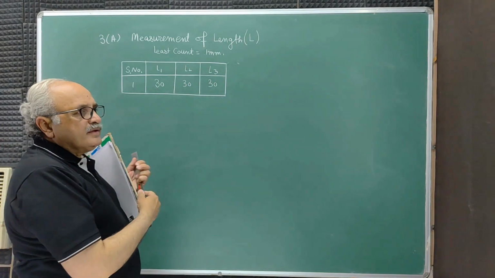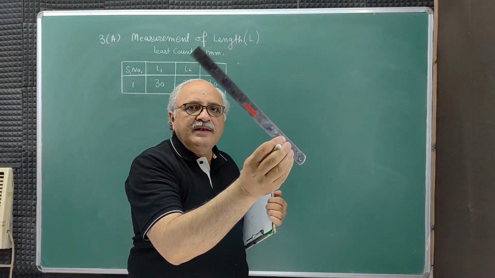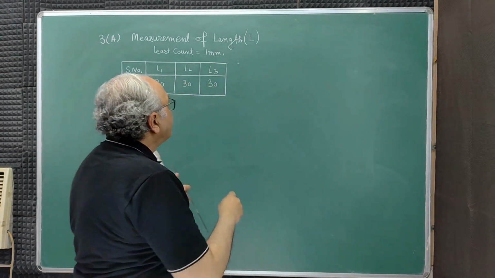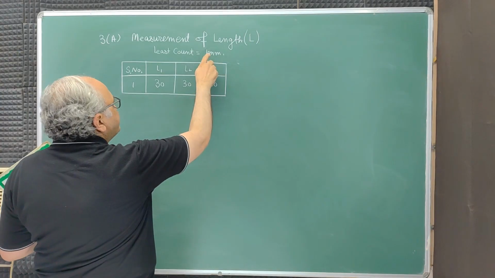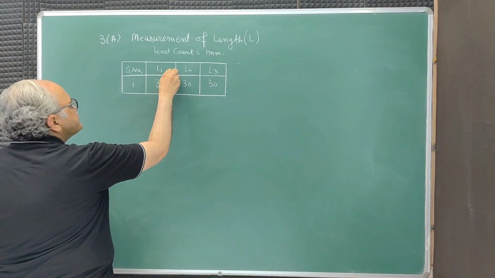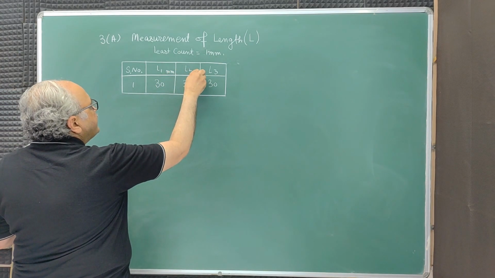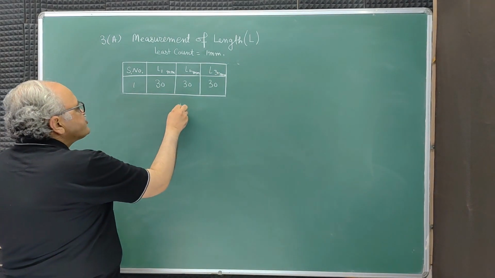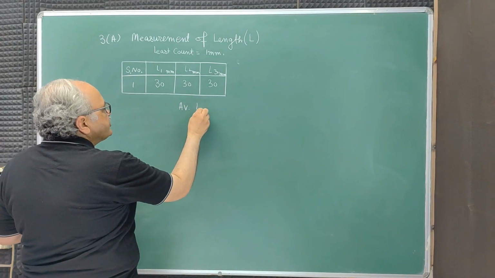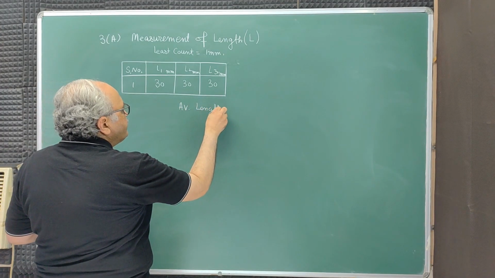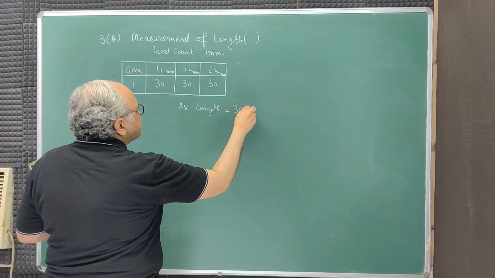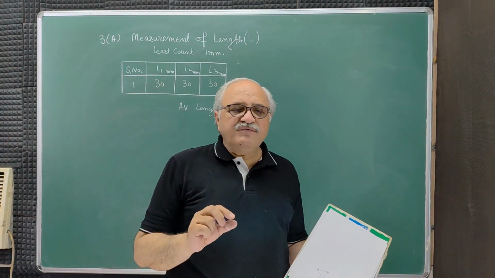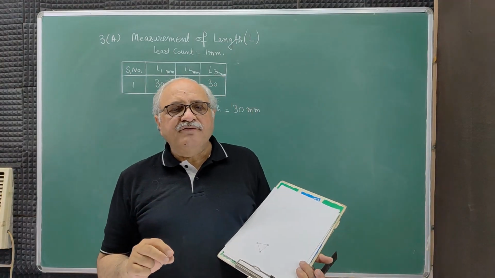I am using a simple scale to find this length L, and the least count of this scale is 1 millimeter. So all my observations are in millimeter. So the average length L comes out to be 30 mm. This is the first observation which we have to obtain from the spherometer.